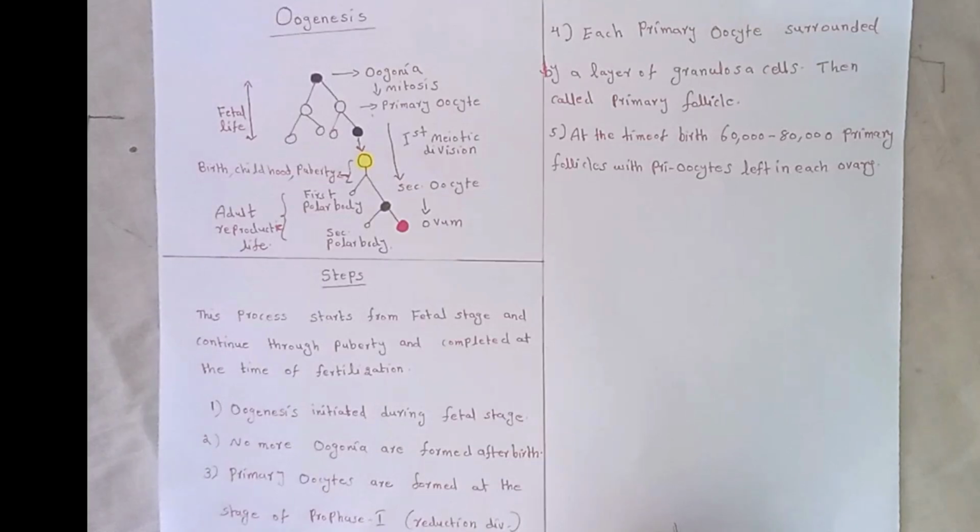Then next step, more layers of granulosa cells and a new theca, called secondary follicles.